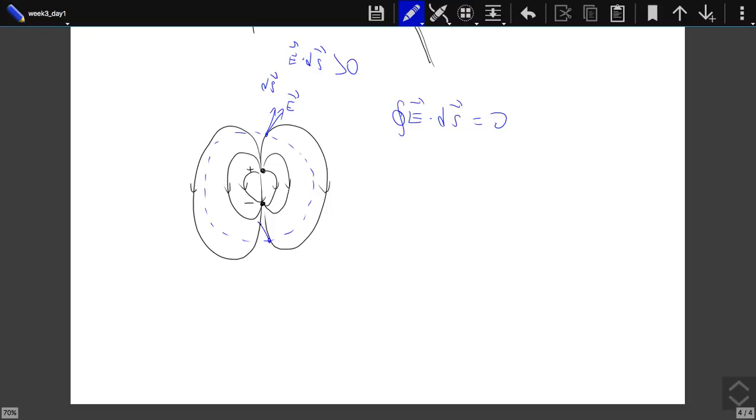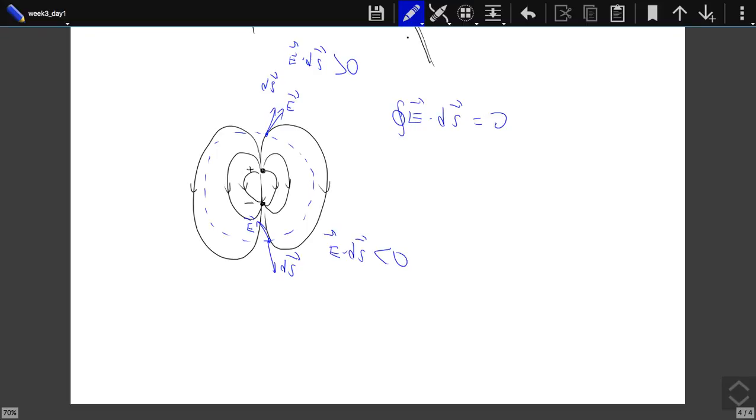If you look at this region over here, this is the electric field, and this is ds. E dot ds is less than 0. So when you take the integral over the surface, you have regions where E dot ds is positive and other regions where E dot ds is negative. So the sum turns out to be 0, although the electric field is not 0. So the flux is 0.